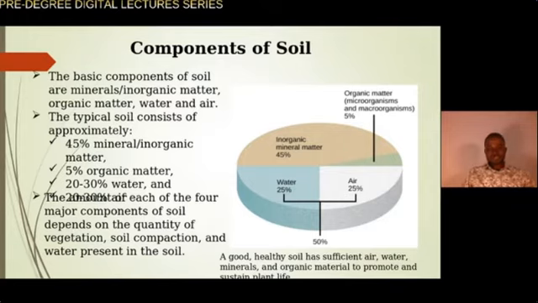This means that, for instance, soil in an area adequately covered with vegetation will likely have higher organic matter content, while soil in areas that have always been subjected to human fertilization or application of inorganic fertilizer will likely be higher in mineral or inorganic matter.